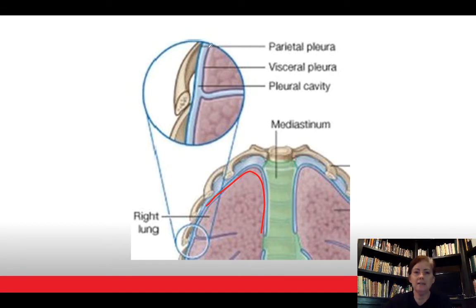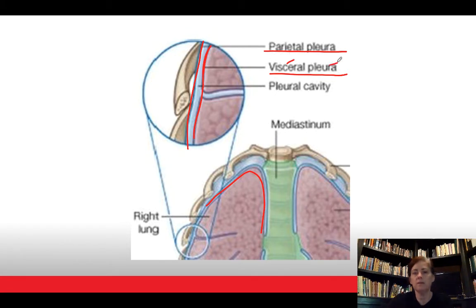So lining the cavity where the lungs are, lining that pleural cavity is going to be our parietal pleura, which is specifically the serous membrane that lines the cavity for the lungs. And then against the lung itself is going to be our visceral pleura, because that's going to be right on the organ itself. So the visceral pleura, visceral tells us it's lying right against the organ.